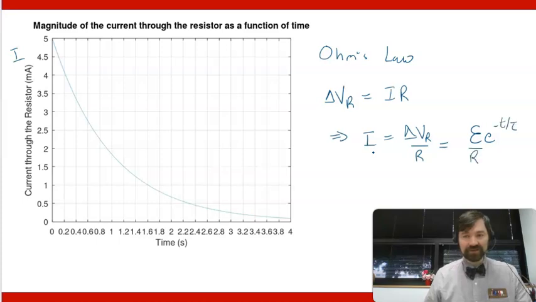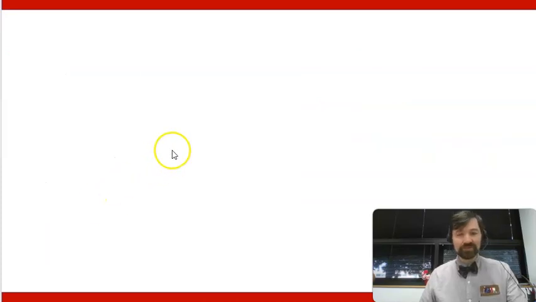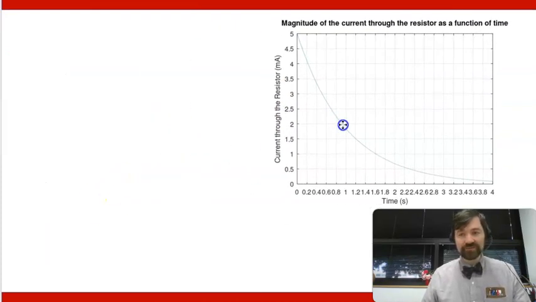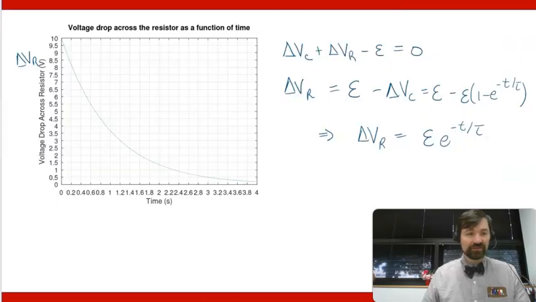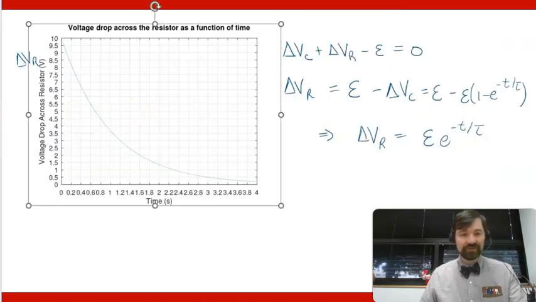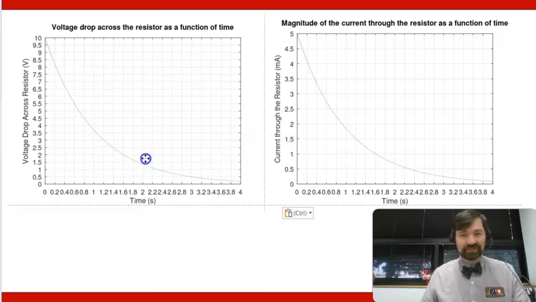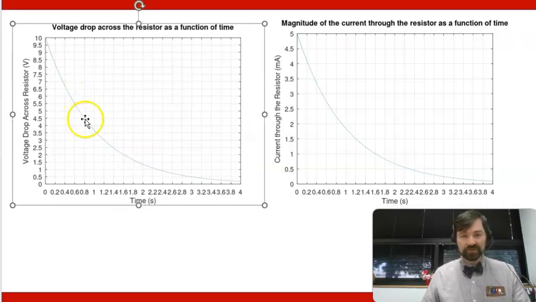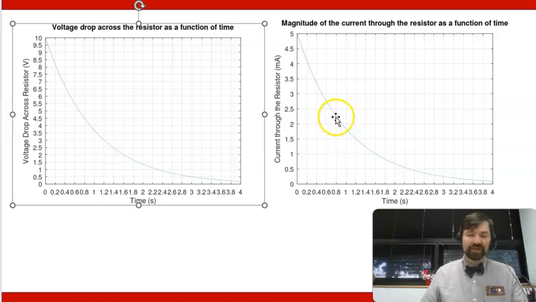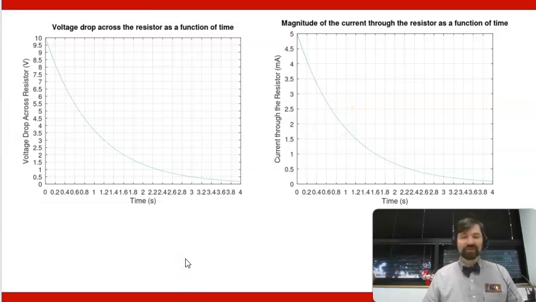So you're looking at epsilon over R e to the negative t over tau. This also means that if I put the two side by side again, as I did with the charge and with the voltage for the capacitor, I expect them to have a similar shape, and lo and behold, they have a similar shape. They both have a proportionality to e to the negative t over tau.